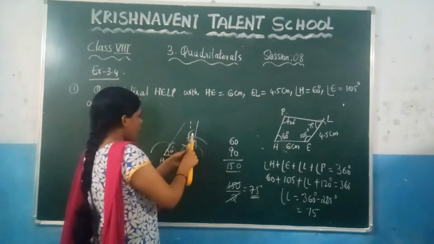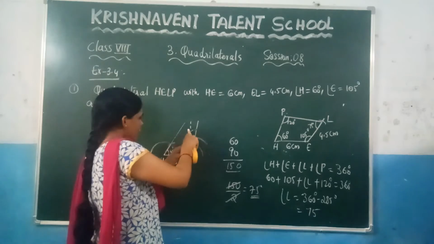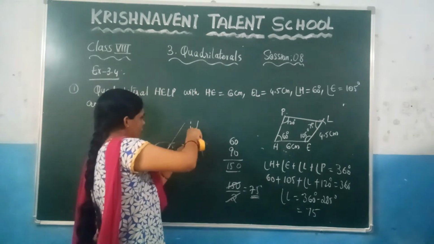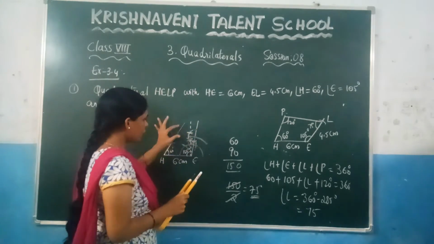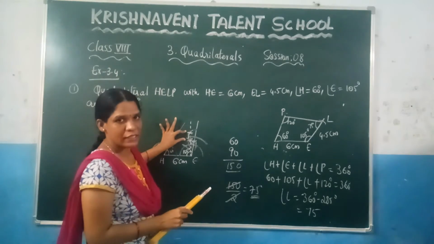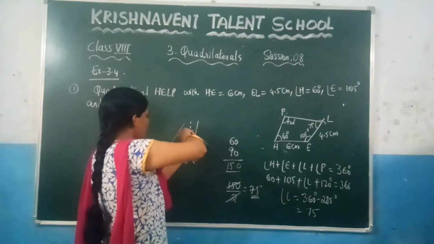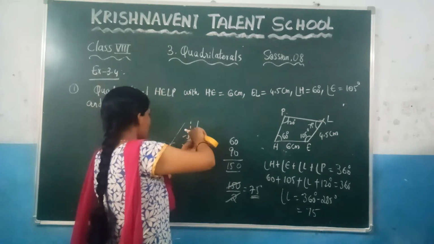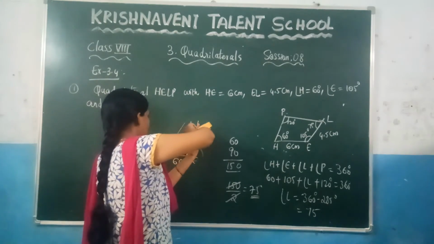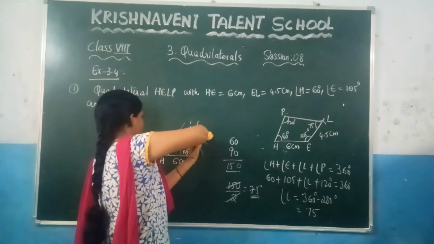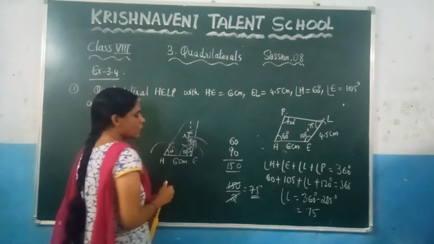And again at this point you should not change the radius. So again keep one more arc. And in between these two you will get 90 degrees. So you have to take the perpendicular bisector of this one. Take more than half radius and here also take more than half radius. So this is nothing but the 90.